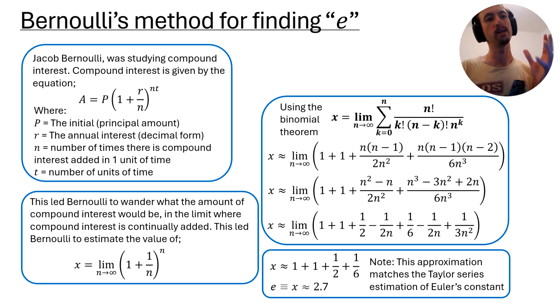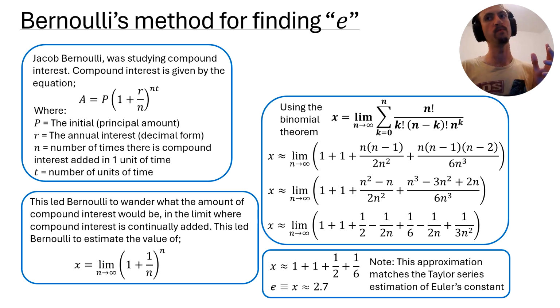Now, to fulfill the promise about justifying why x has something to do with our Euler constant E, before we began trying to find a numerical approximation for E using the binomial series, well, we began with taking the limit as the compound interest becomes continuous.